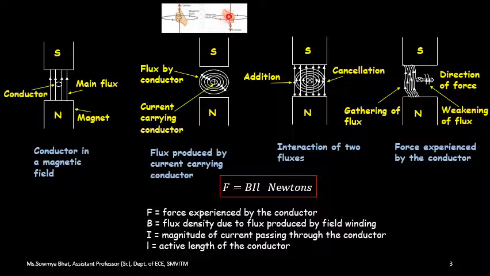So now if I change the position of my right hand something like this, the thumb is pointing down. So this particular direction indicates the direction of the current, whereas the curls are facing this side now, which means that the direction of the magnetic field is like this. So you can see the arrow mark.